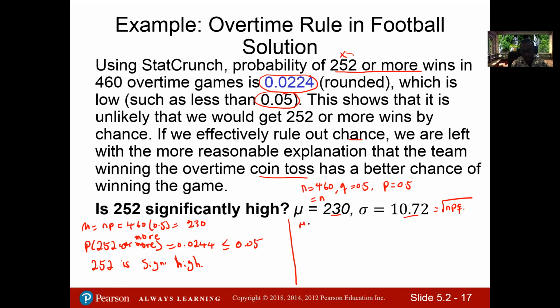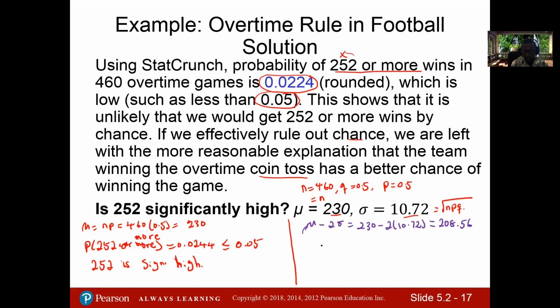Let's do the mu minus 2 times sigma, which is 230 minus 2 times 10.72. This will give us 208.56.